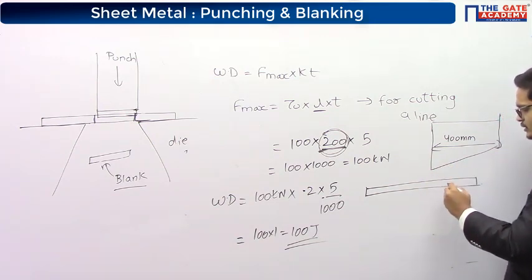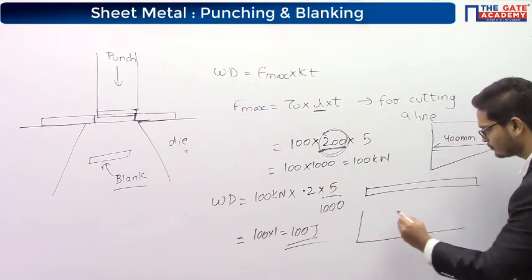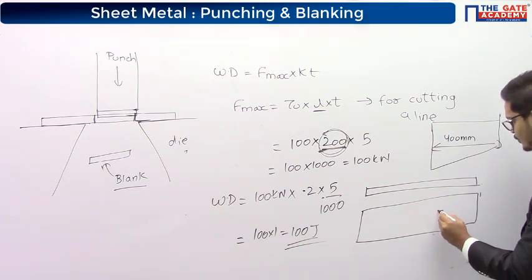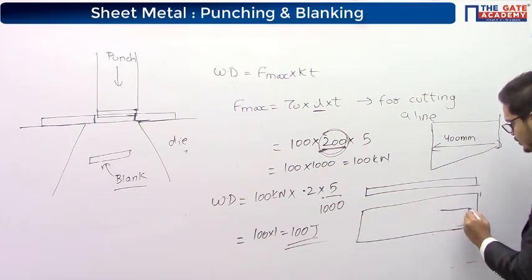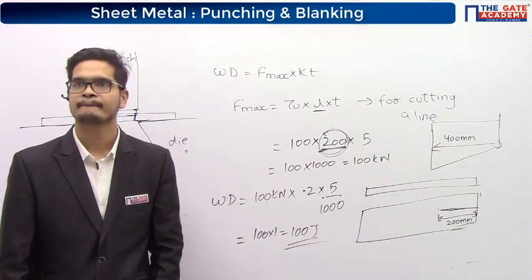That is, if you look at this plate from the top, a 200 mm length is cut on this. Just a straight line is cut, having a length of 200 mm. Try this.